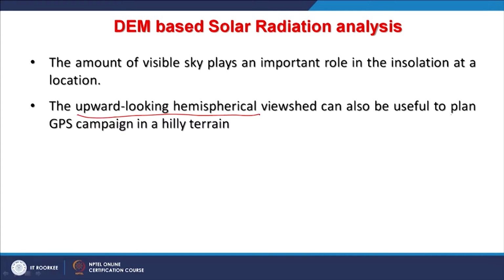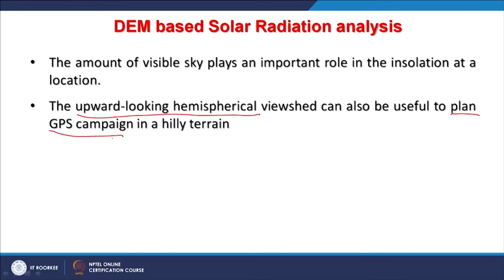Because for GNSS or GPS based surveys, you require what in that terminology they call a sky plot. So, you require an upward looking hemisphere, and that should be clear. The clearer the sky or sky plot, the better the signals from many satellites.